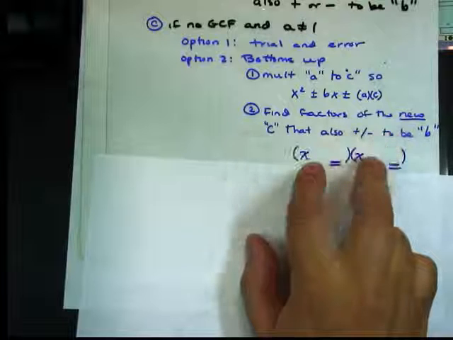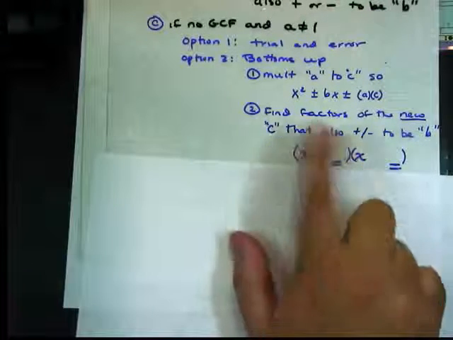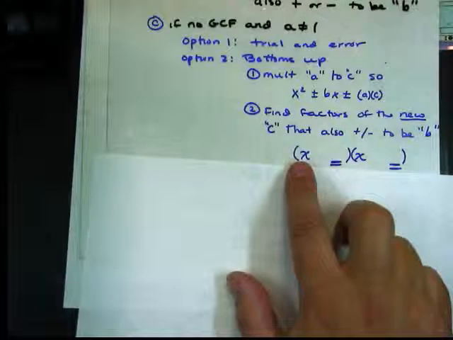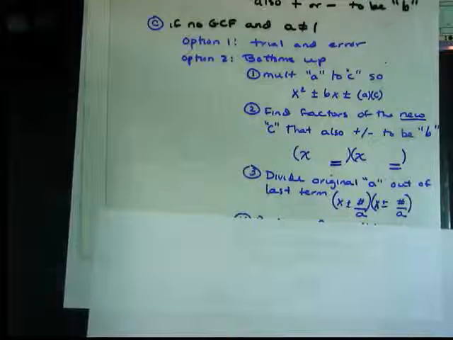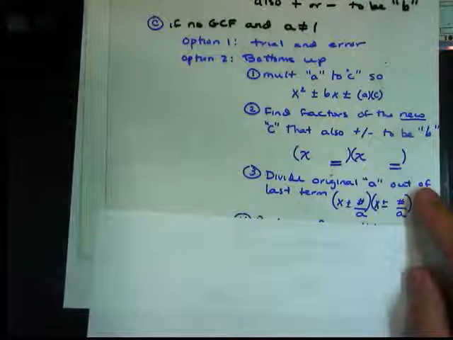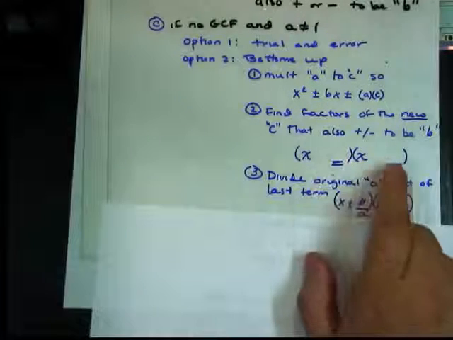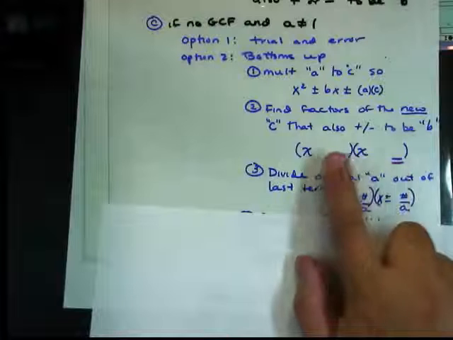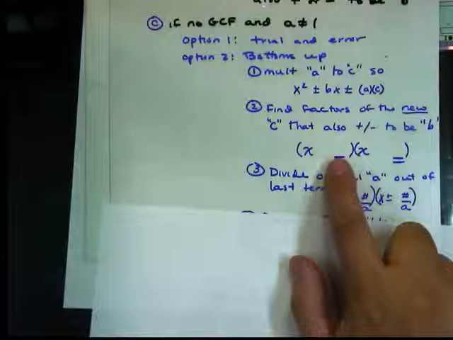Therefore, this factoring is without that a, because x times x is how I get that x squared. So in order to fix that, or to reverse that, I must divide the original a out of the last term. So whatever numbers I came up with here, these are the numbers that multiplied together to be the new c, and then they added or subtracted to be the b.